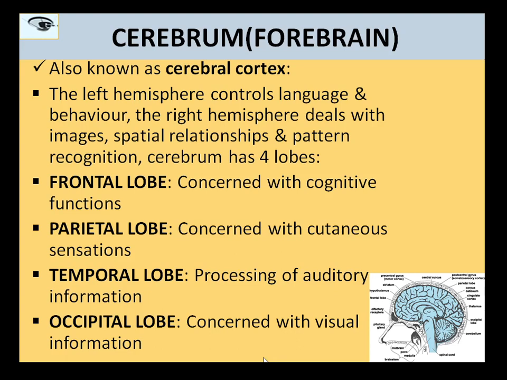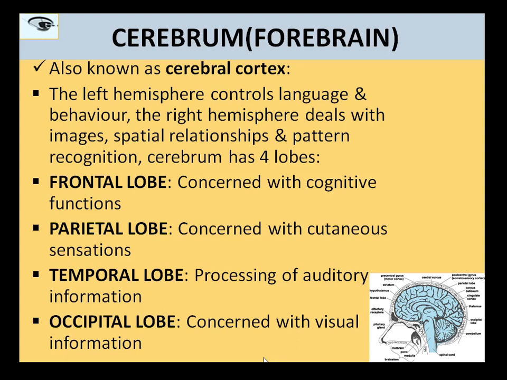Now you must know what is each hemisphere doing, how does it respond. So the left hemisphere is controlling the language behavior. The right is dealing with images, spatial relations, and pattern recognition.